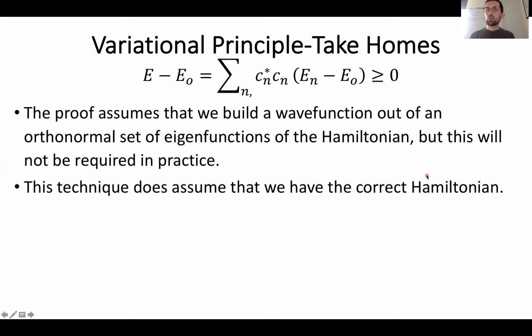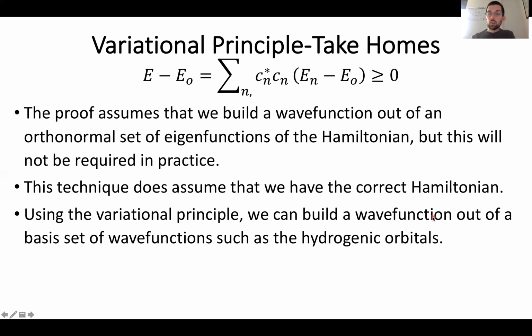If I don't have the correct Hamiltonian, all I will have done was minimize the wave function for whatever universe that Hamiltonian happened to be the right one. So this is going to become a much bigger deal later.